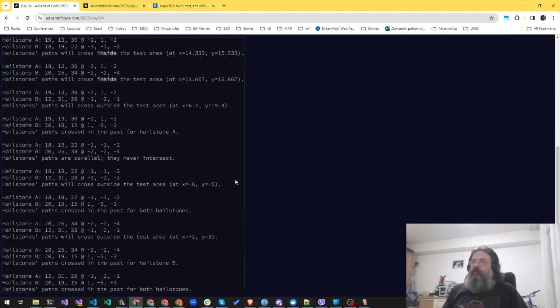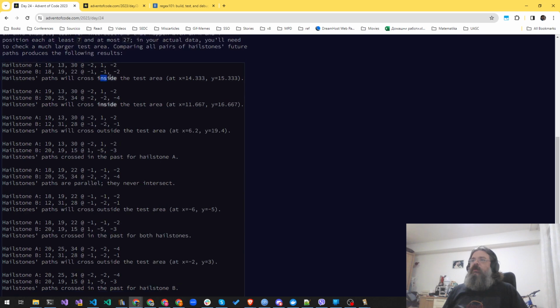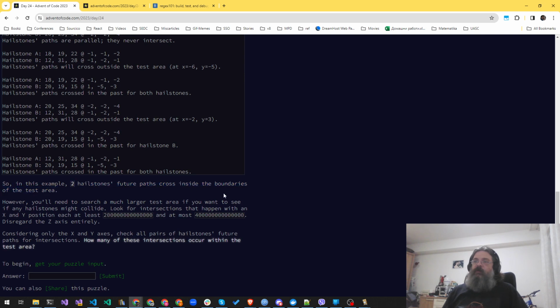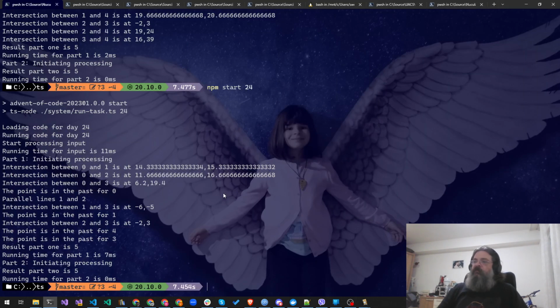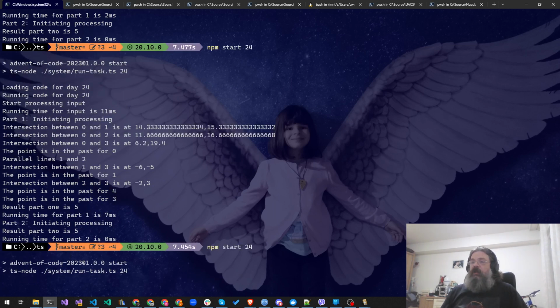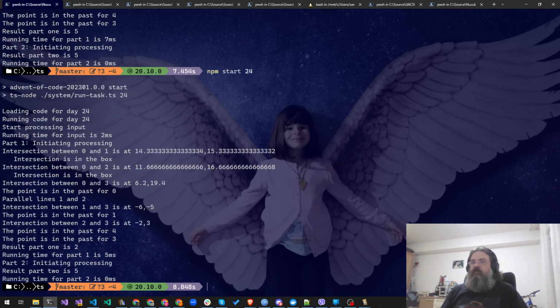And if everything goes great, we will need to see that this one is inside and this one is inside, nothing else is inside, and we should just say 2. So we run an extremely complicated code that returns 2. Result part 1 is 2. The first intersection is in the box, the second one is in the box.